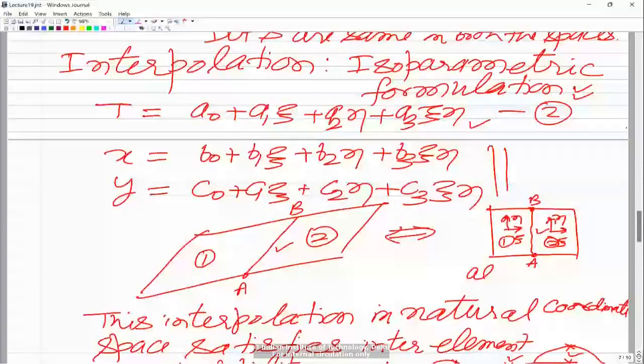If the interpolation of the unknown variables and the geometry, that is xy coordinates, is same, then it is known as isoparametric formulation. And if the interpolation of geometry is of higher degree polynomial compared to the unknown variable, then it is known as superparametric formulation. And if the interpolation of geometry is lower than the variables, then it is known as subparametric formulation.